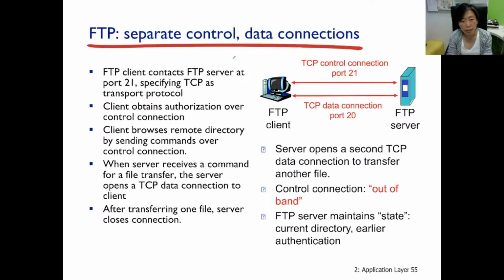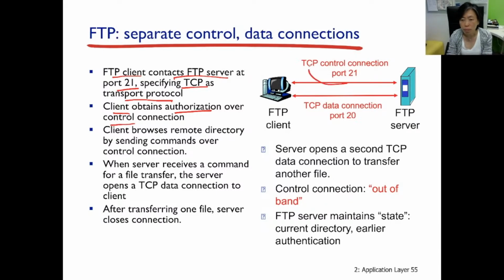All right, so let's take a closer look at the message exchange. All right, so FTP clients contact FTP server at port 21, this we know, and specifying TCP as the transport protocol. So FTP there uses TCP just like HTTP as the underlying transport layer service. And then the client will try to authorize itself into the server over a control connection.